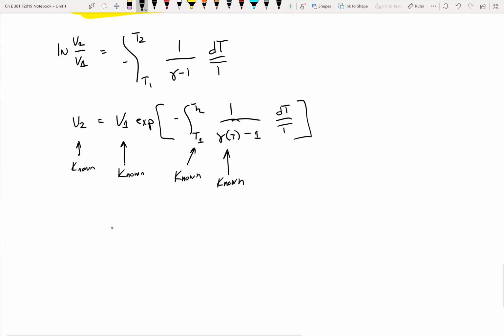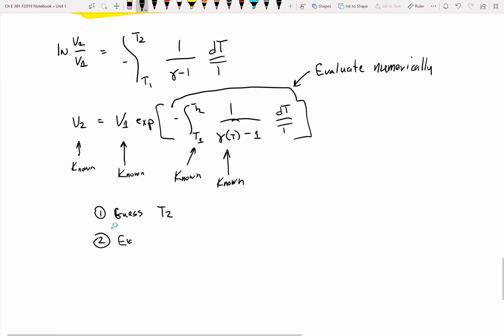So the integral part of this can be evaluated numerically. The procedure is going to look something like this. We're going to guess T2.